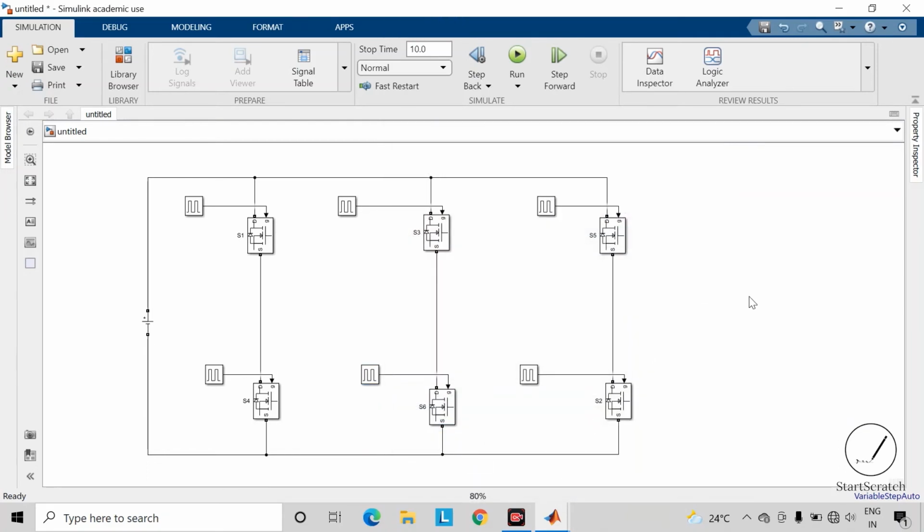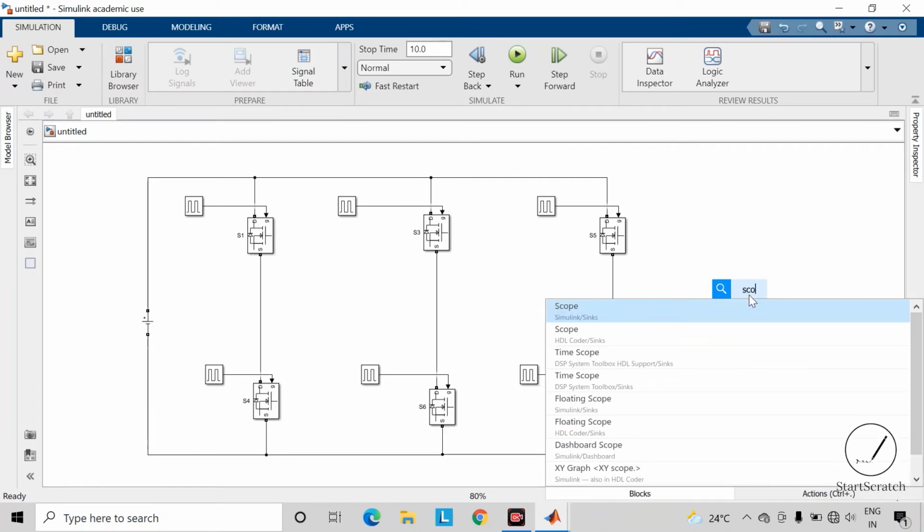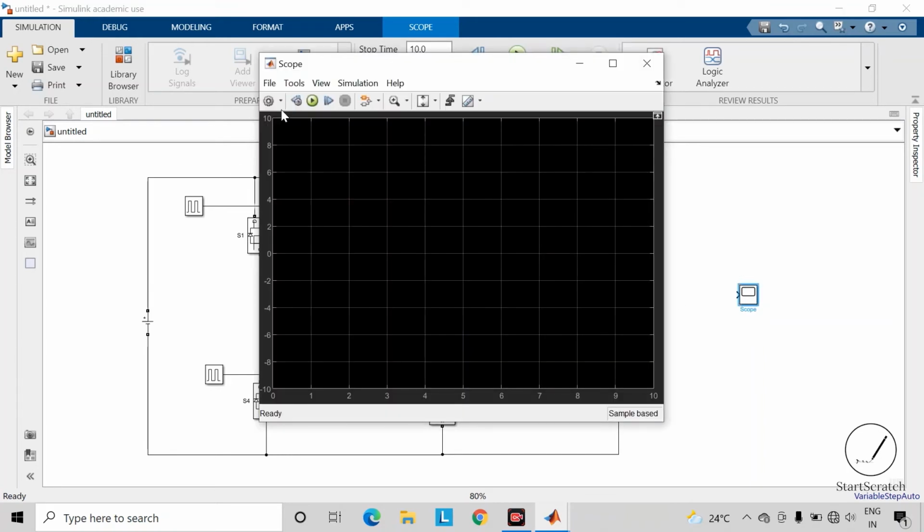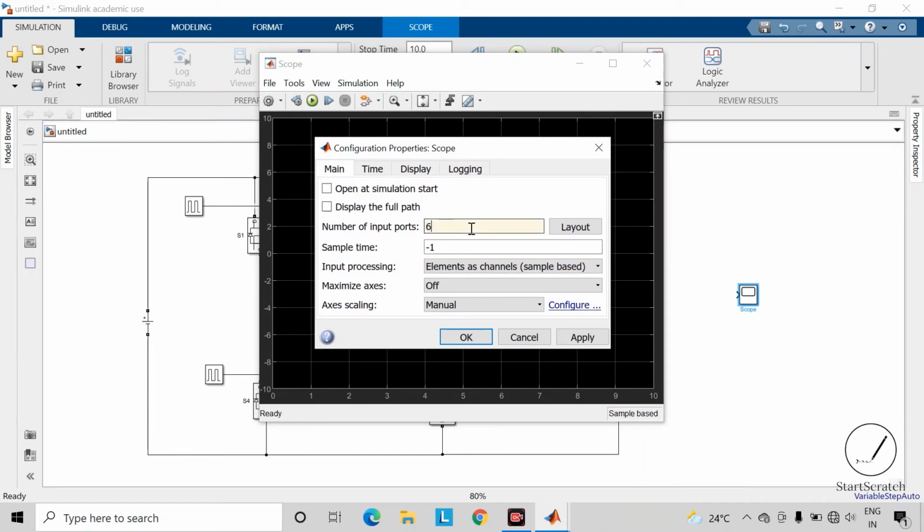Now take the scope block. We will connect these 6 pulses from the pulse generators to this scope, and we will observe the triggering pulses which are applied to each of these switches. Change the number of input ports of this scope block to 6, and set the layout.